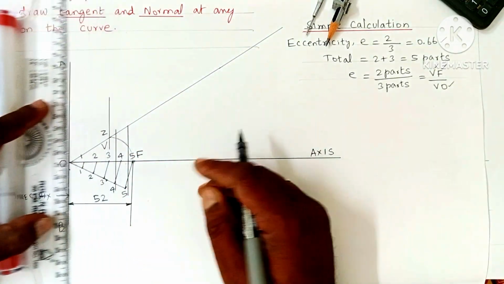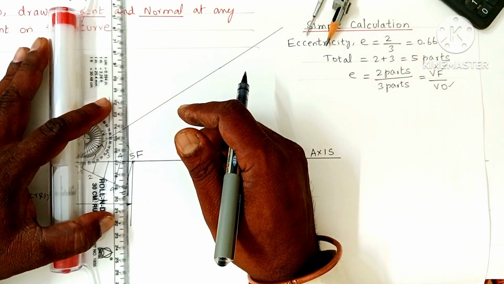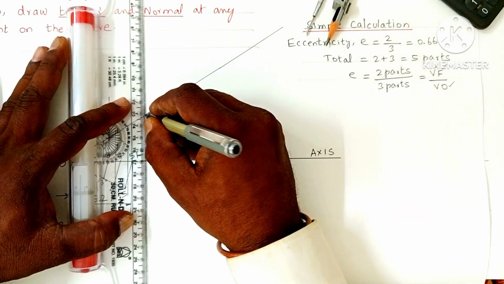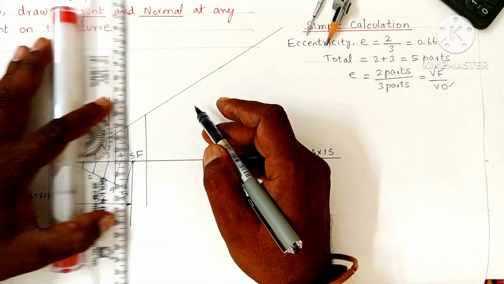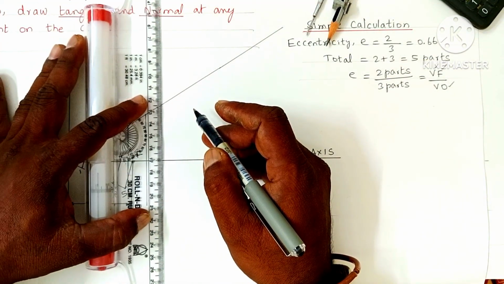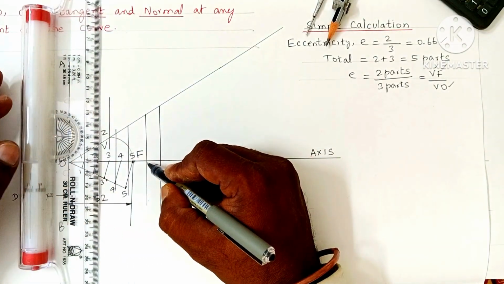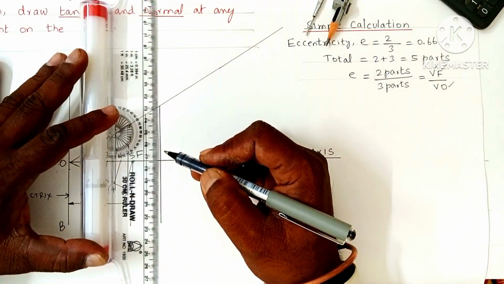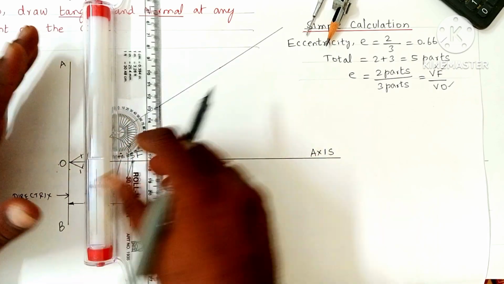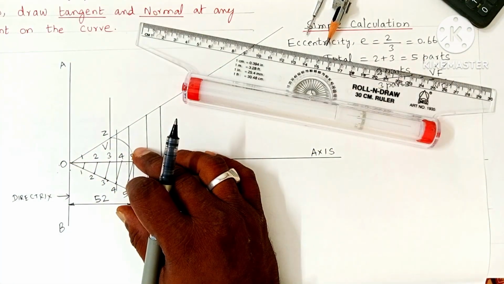Extend the lines below the axis also. You can give a uniform or non-uniform gap between the vertical lines. Or you can take a 1 centimeter gap between the vertical lines drawn. For easy understanding, I will explain this.